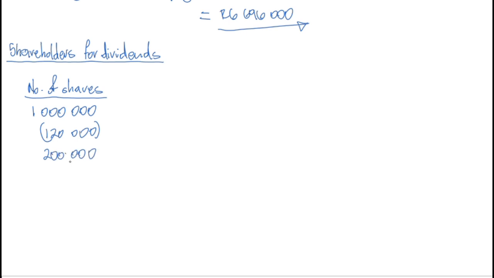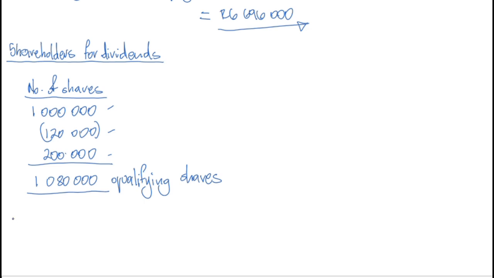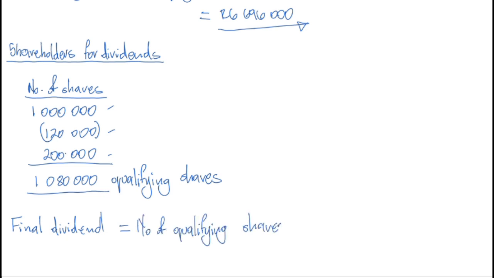So that means the number of shares that will qualify for a dividend is going to be 1 million shares in issue at the beginning of the year minus 120,000 shares that were repurchased plus the 200,000 shares that were issued in February. This gives us a total of 1,080,000 qualifying shares. Therefore, the final dividend amount will be calculated as follows. Final dividend is equal to number of shares multiplied by the dividend per share.